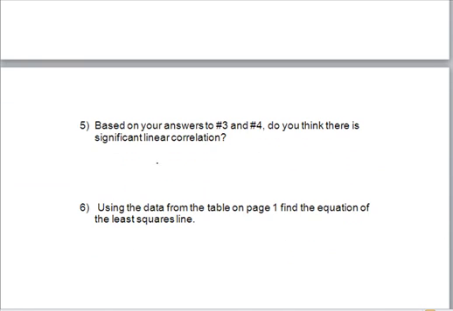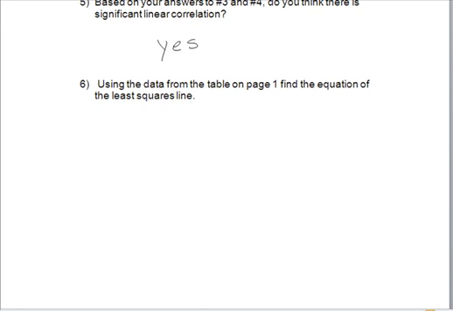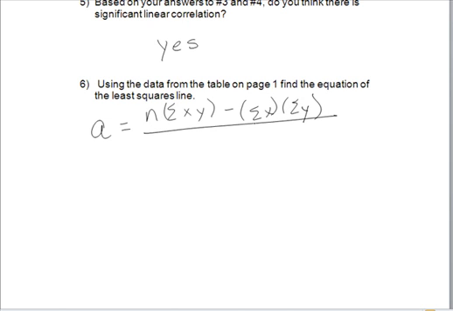Okay, now I'm on page 678 in the book. A is the sum of the xy's minus the sum of the x times the sum of the y, over n times the sum of the x squared minus the sum of the x quantity squared.